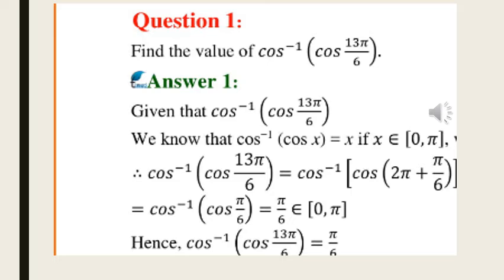So cos of 2 pi plus pi by 6 is cos pi by 6. So cos inverse of cos pi by 6 equals pi by 6, that belongs to the range, closed interval 0 to pi. So the value is pi by 6.